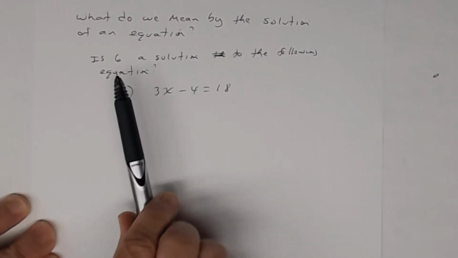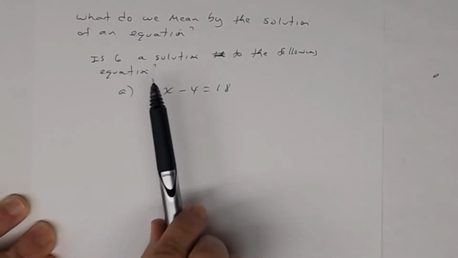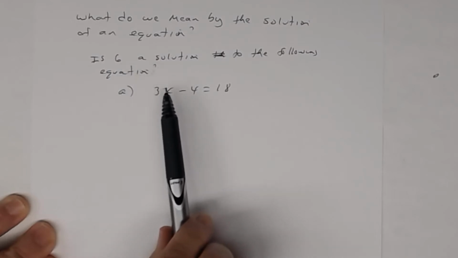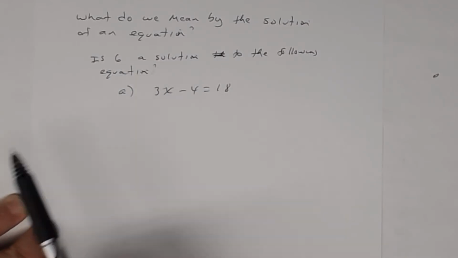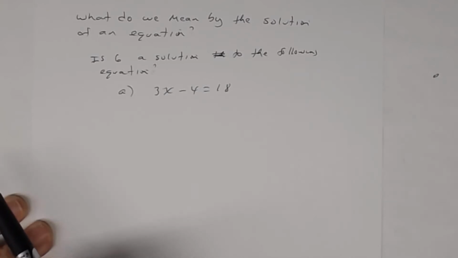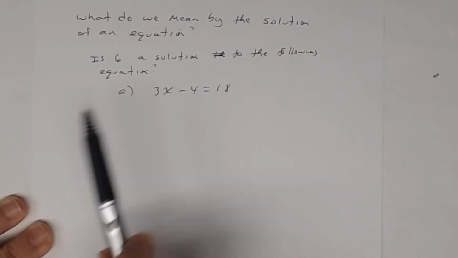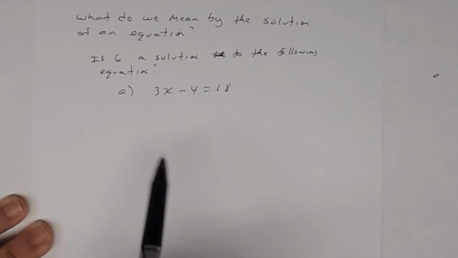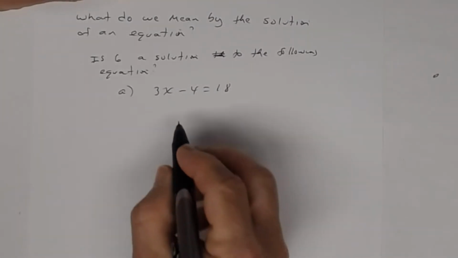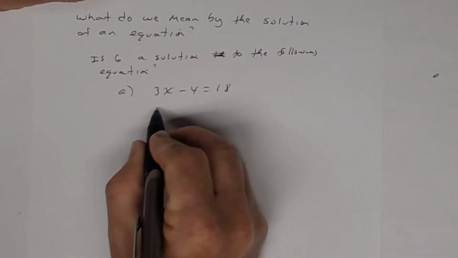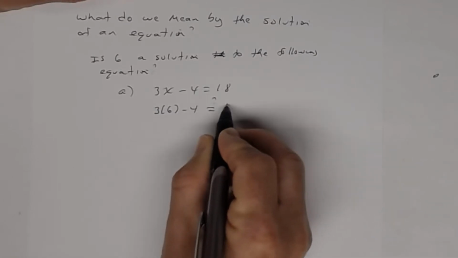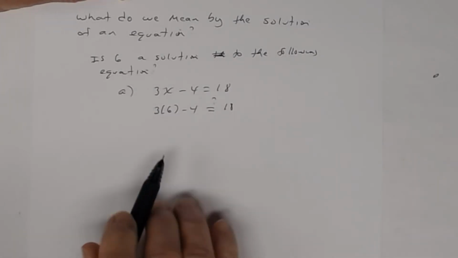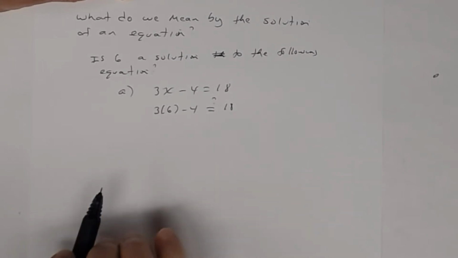And so one approach you can do to determine if 6 is a solution to this equation is to substitute the value 6 in place of x and use the order of operations. So this is what you're going to do. You're going to say 3 times 6 minus 4, and you want to see if that's going to equal the right-hand side. So is this left-hand side going to equal the right-hand side?